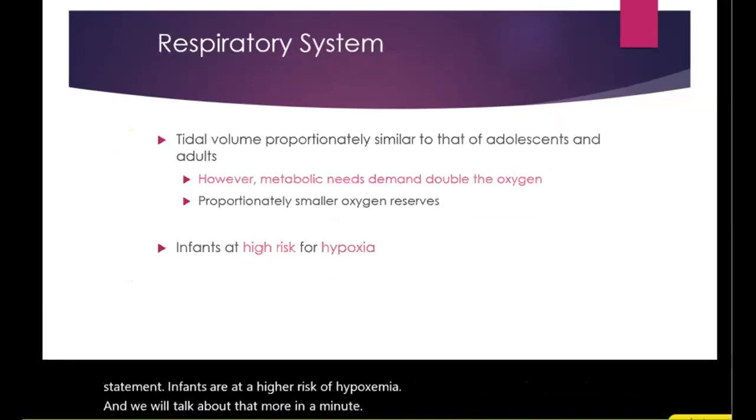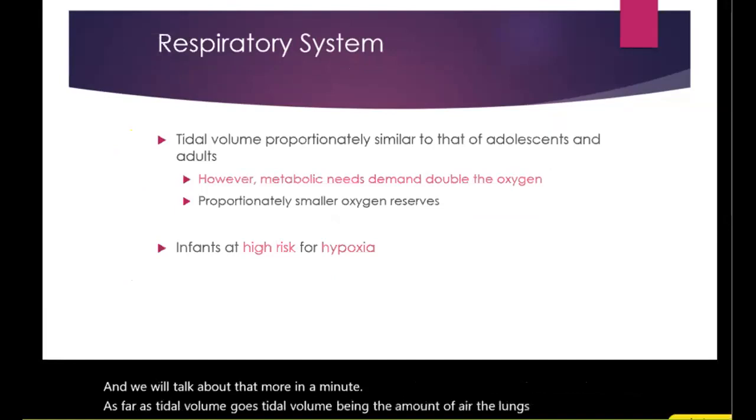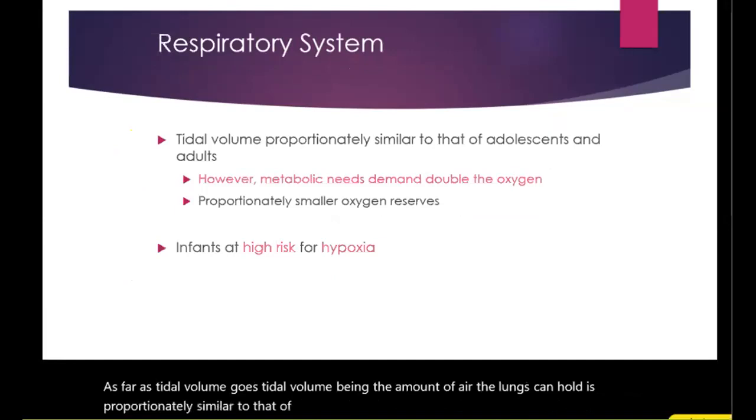As far as tidal volume goes, tidal volume being the amount of air the lungs can hold is proportionately similar to that of adolescents and adults. The problem is, this is what I was referring to at the end of the last slide.